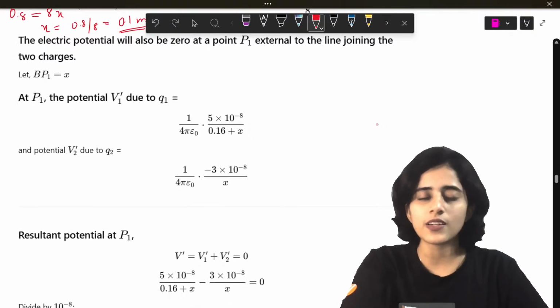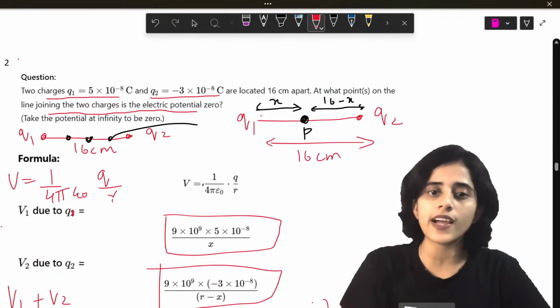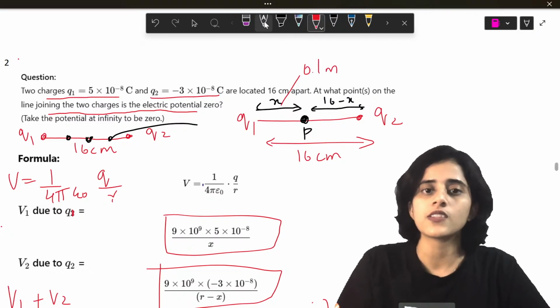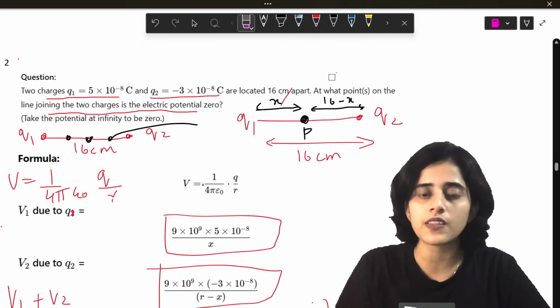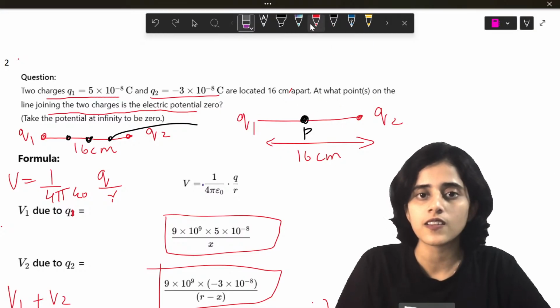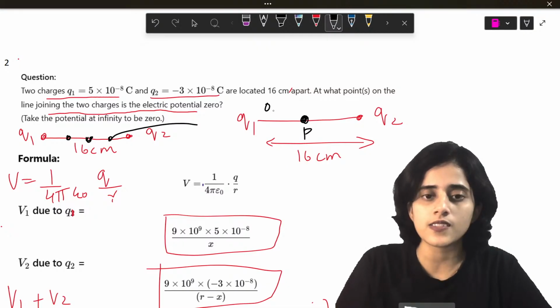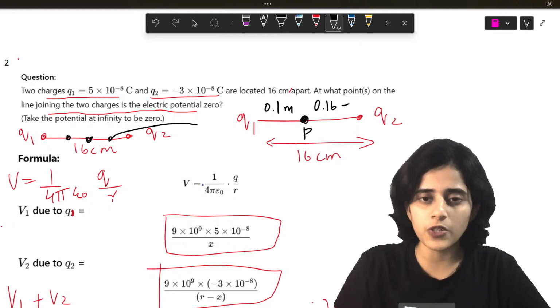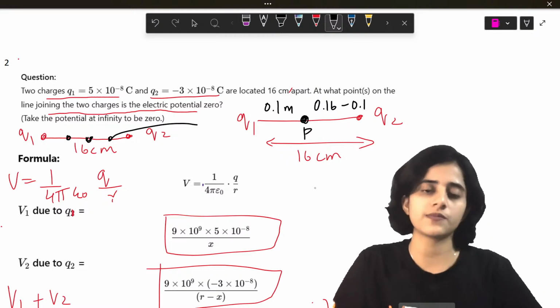The question is not over. Now I know that x is 0.1 meters. So now I can modify this figure. I can write this as 0.1 meters, and this is 0.16 minus 0.1.